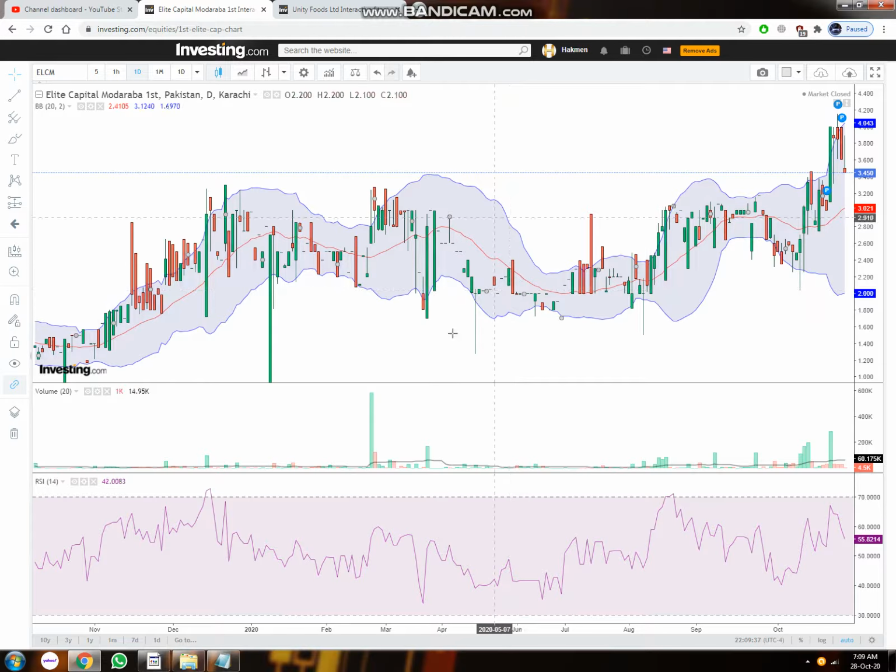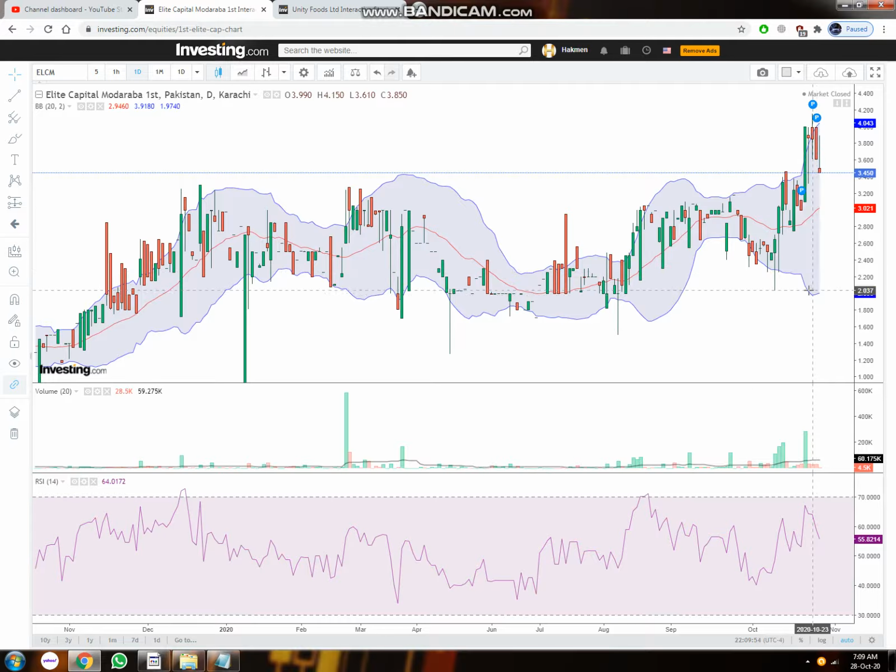Whenever you see that these two levels are far away from each other, it means that the prices will fluctuate at a higher rate. And the same is the case here with this one.